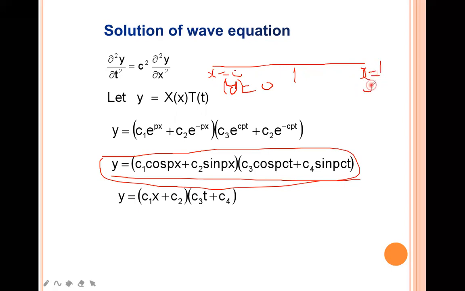These are two conditions, and at any point x, dou y by dou t at time t equal to 0 is 0. Using these three conditions we solve this, and we have to calculate the values of C1, C2, C3, C4. Now we will see one problem.